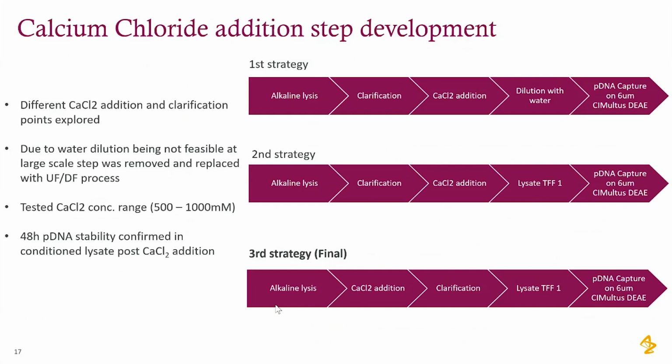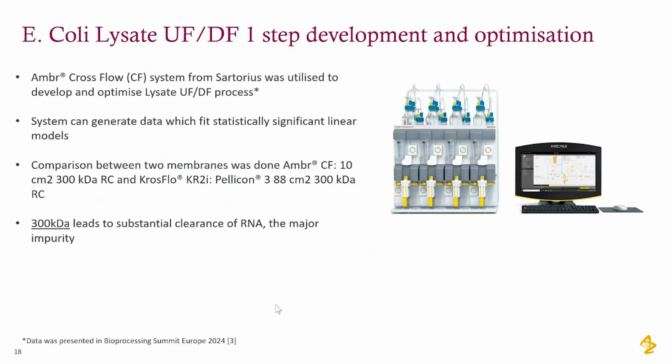And finally, we did agree that the third strategy will be final. So what we do now in our process, we do alkaline lysis. We add calcium chloride, we perform clarification, then calcium chloride removal via TFF step, and then we load on the monolith column. Then for the calcium chloride removal, as I said, we've chosen to do UF/DF step.